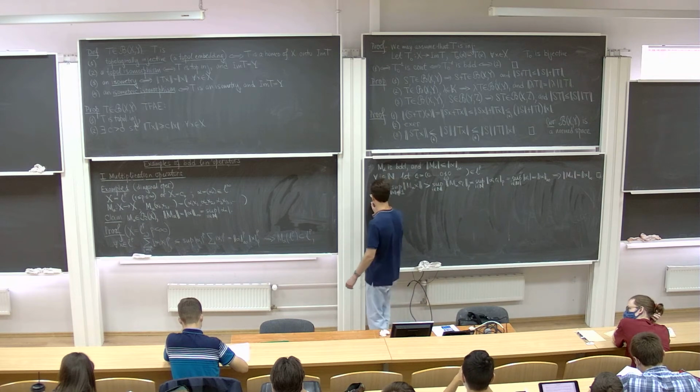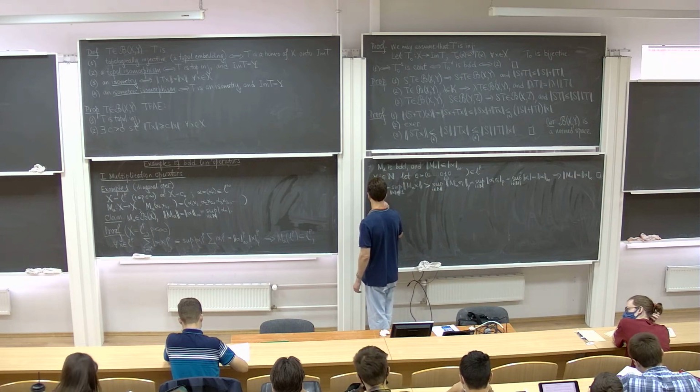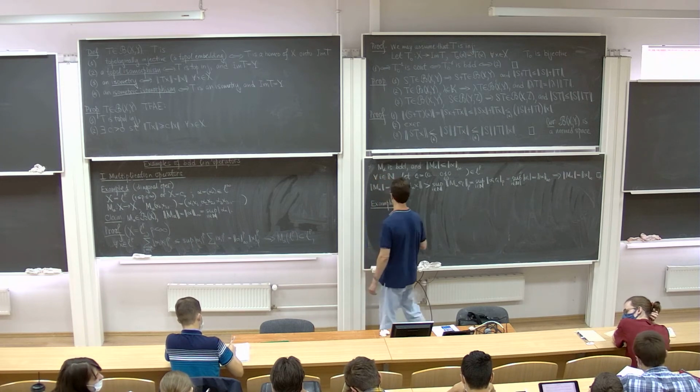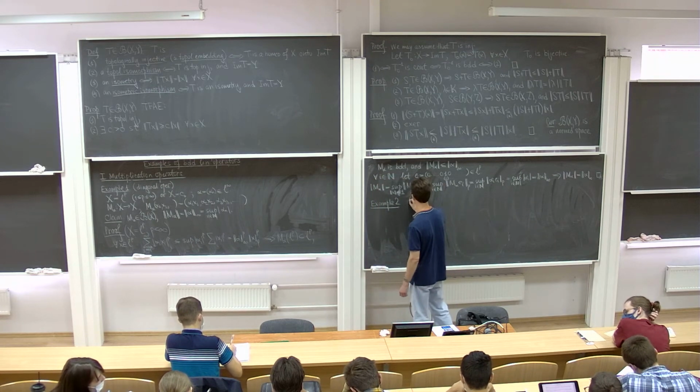Okay, now example 2, which is in fact even more general than example 1. Suppose now that we have a measure space (Omega, mu).